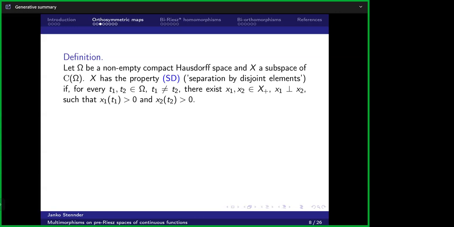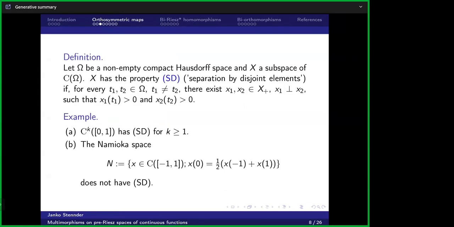And it just means that if I have two distinct points from my topological space, then I need to find two positive elements which are disjoint, such that the one function is positive in the first point and the other function is positive in the second point. And this property kind of gives you some generalization of the lemma of Urysohn, or it's used in a similar manner, the proof that you can separate points with functions which are disjoint.